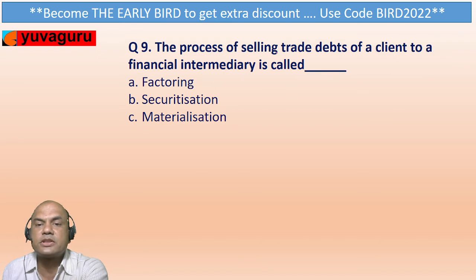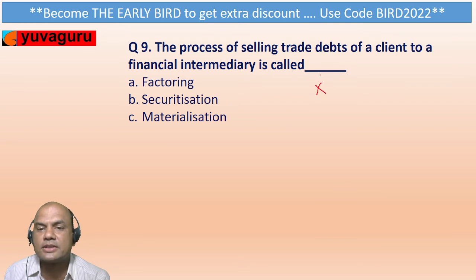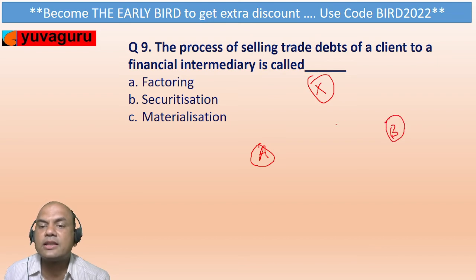Next, the process of selling trade debts of a client to a financial intermediary is known as? Just now see this again: X is the financial intermediary, A the seller, B the buyer. So selling the trade debts means what?